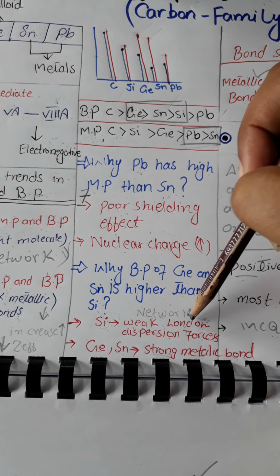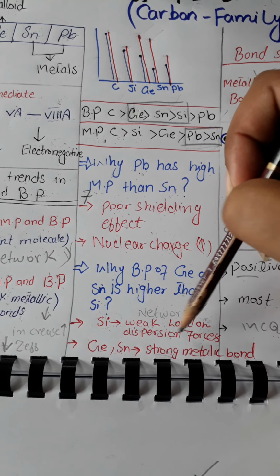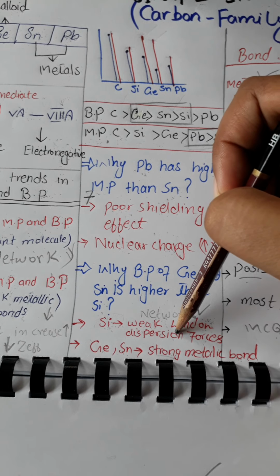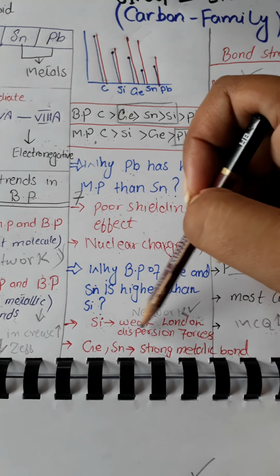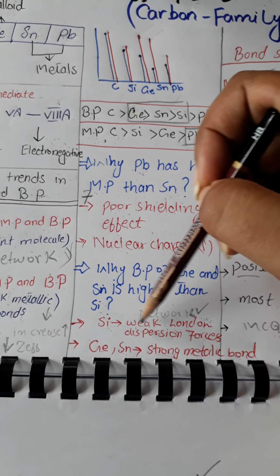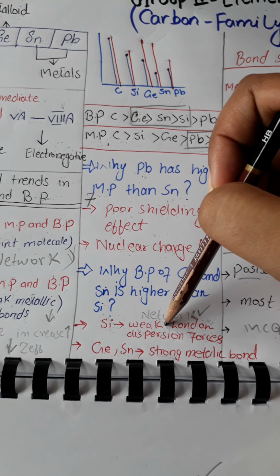These forces are weaker, and these weaker forces will require low temperature to break down for boiling. So that's why at lower temperature molten silicon boils. That's why we say that silicon has a lower boiling point.